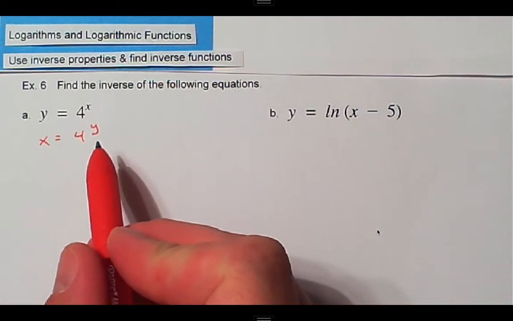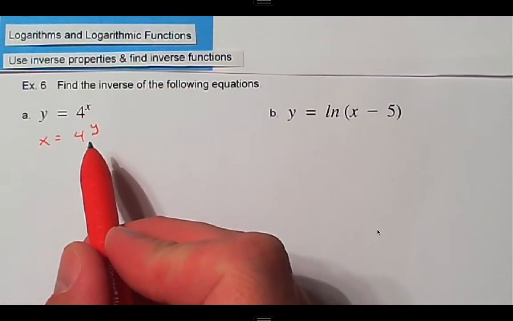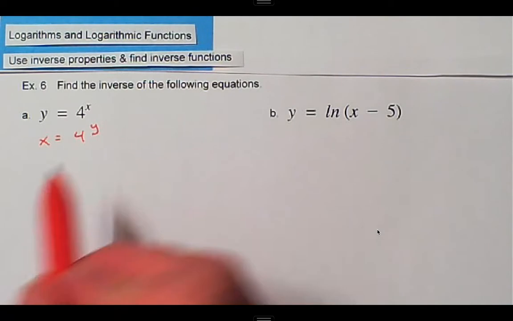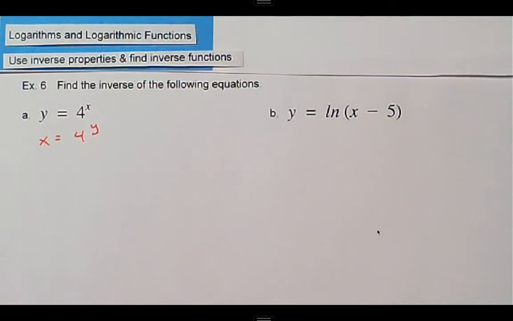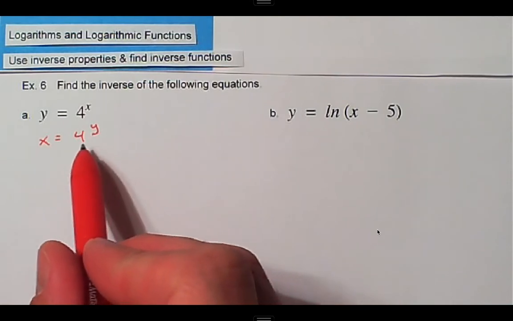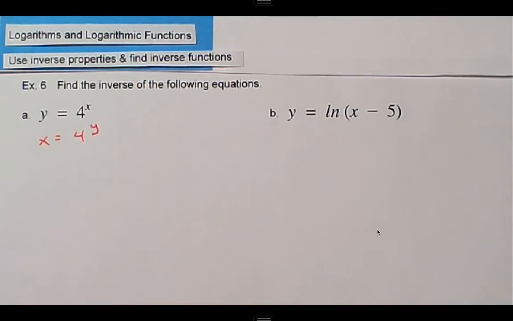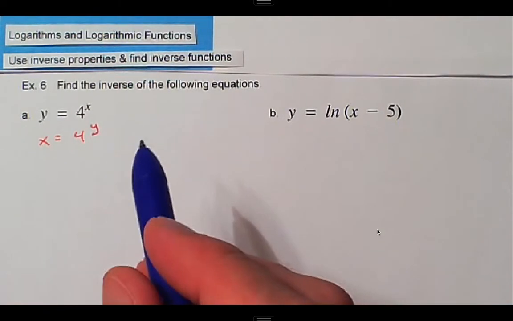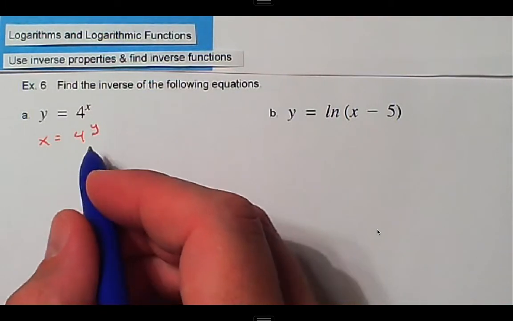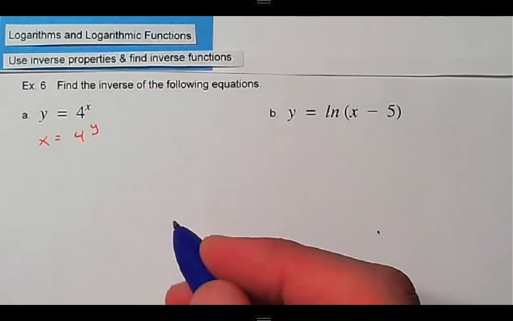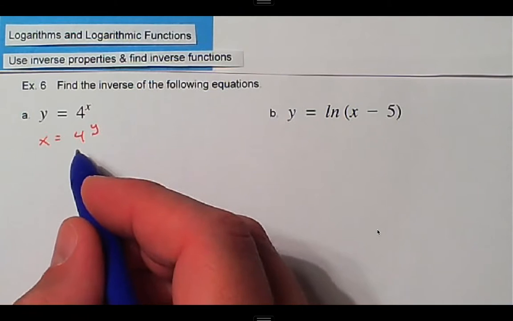My first issue is I want to get y by itself, and my second issue is I have a y that's in the exponent. So what I want to do is take the log of both sides in order to get that variable out of the exponent. I can pick any log that I want, but I want to use log base 4.